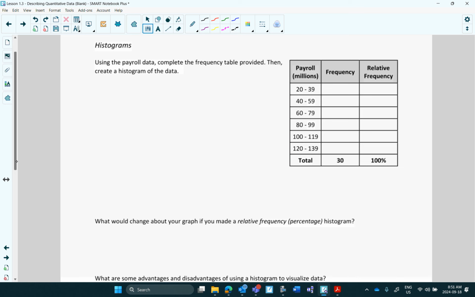So from 20 to 39 million, from 40 to 59, etc., all the way up to 120 to 139. The number of intervals in the histogram should be around 5 to 8 to get a decent histogram.